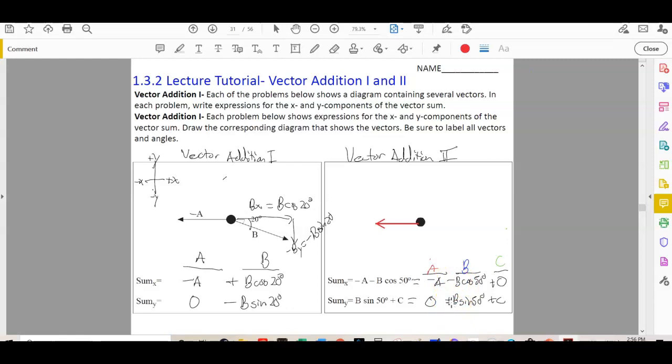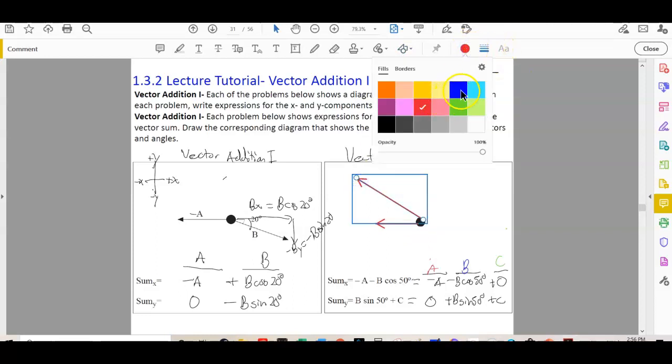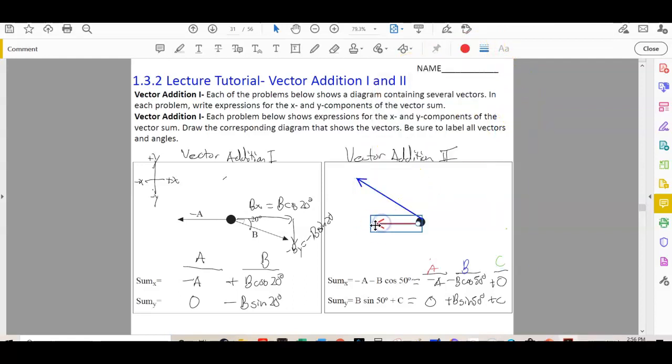So we need to draw an up-to-the-left vector. I'm going to make it long to distinguish it from the A vector, and I'm going to make the A vector smaller. So the B vector is pointing up and to the left because it's got a negative b in the x direction and a positive b in the y direction.